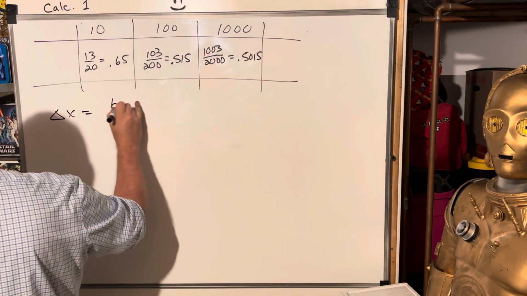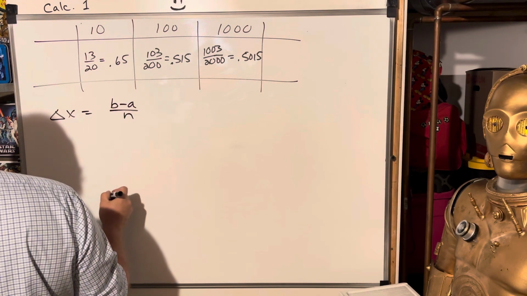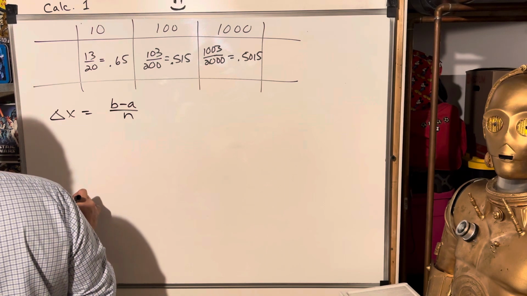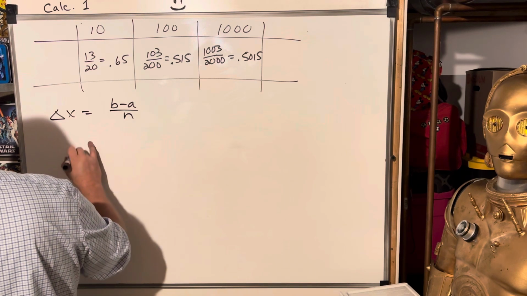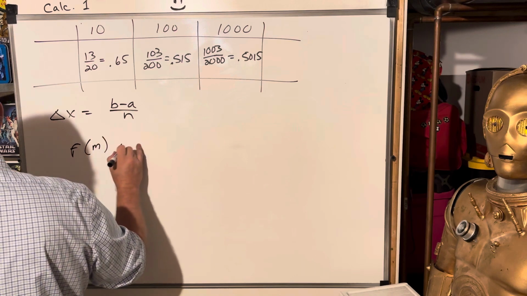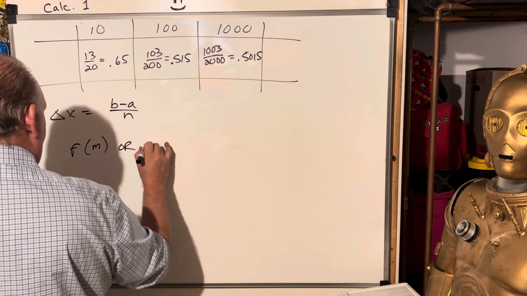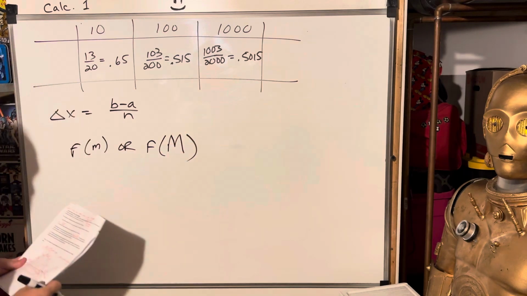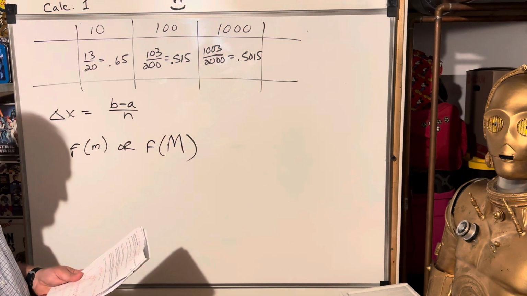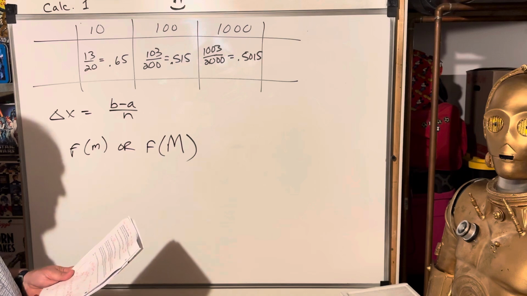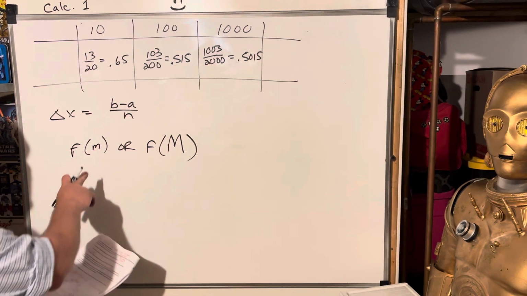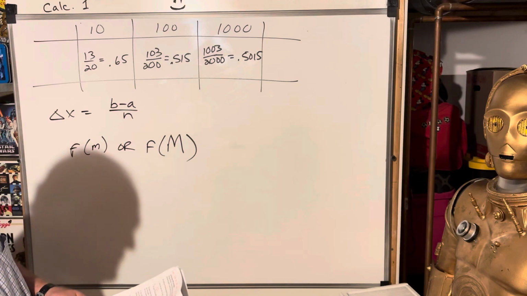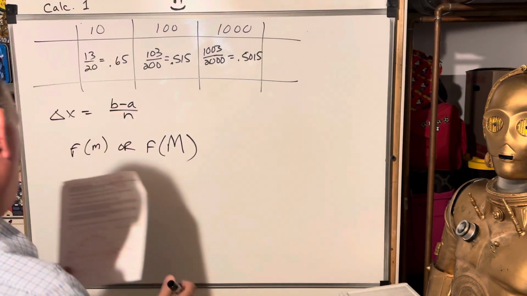That's going to be b minus a over n. The point where the rectangle reaches the function is then f of m or f of big M. So f of big M, that would be an overestimate. F of m, that would be an underestimate. And you'll see what's going on here when we draw the pretty picture here.